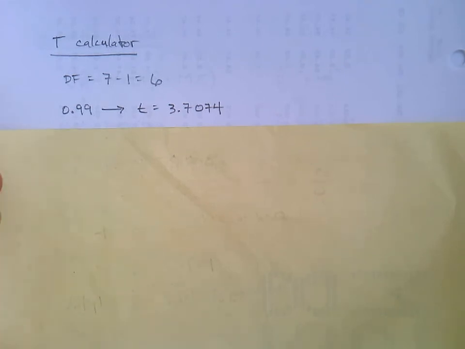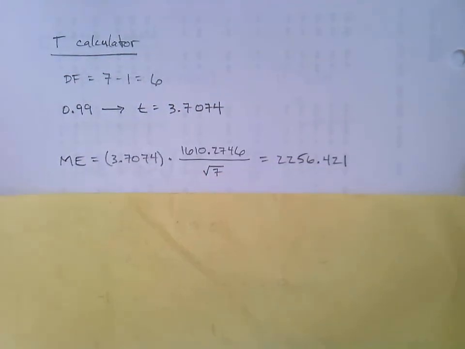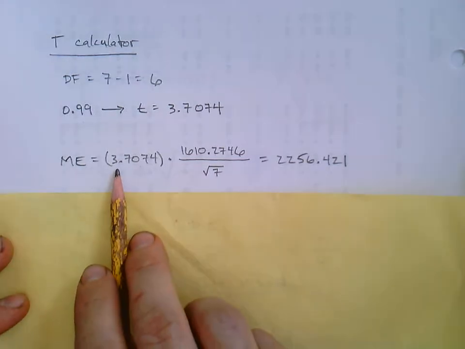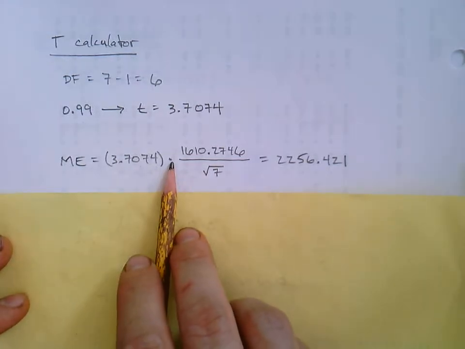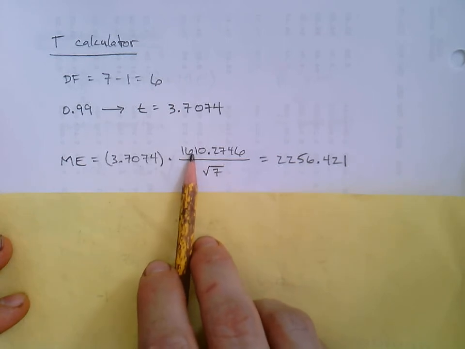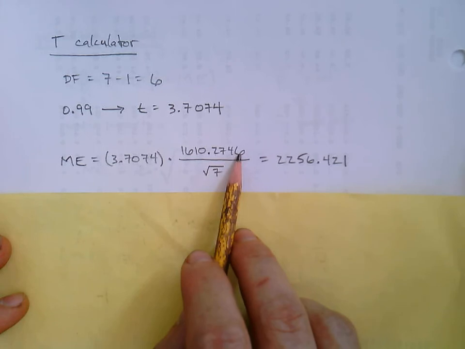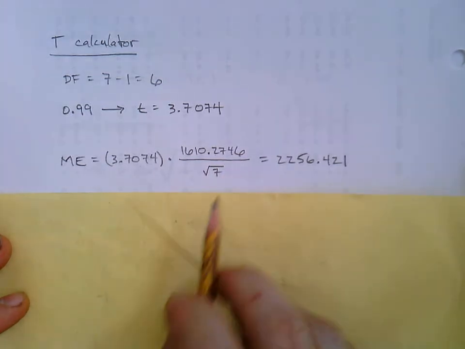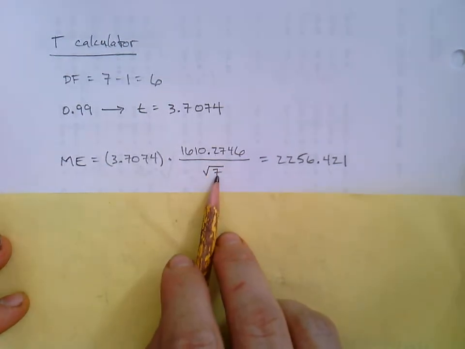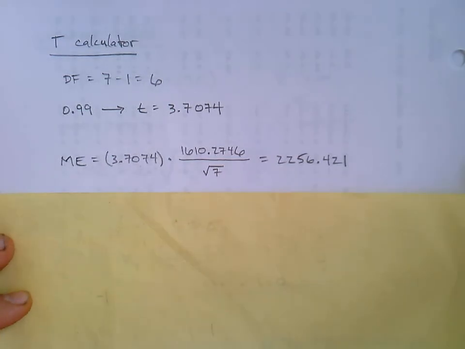Okay. With that, we can go to our margin of error formula. So we put in that T score times our sample standard deviation, divided by the square root of our sample size 7.